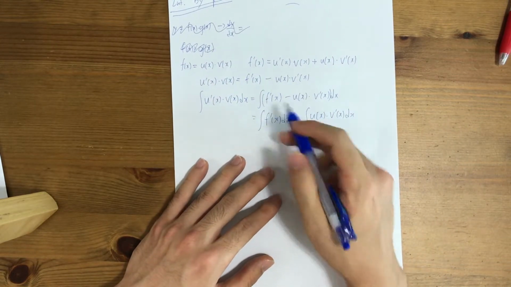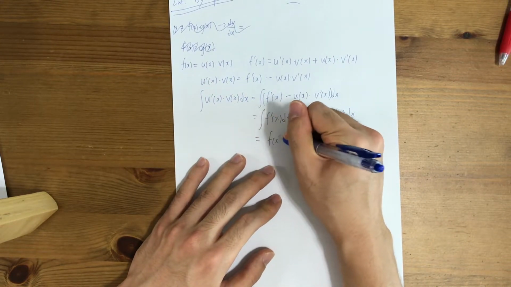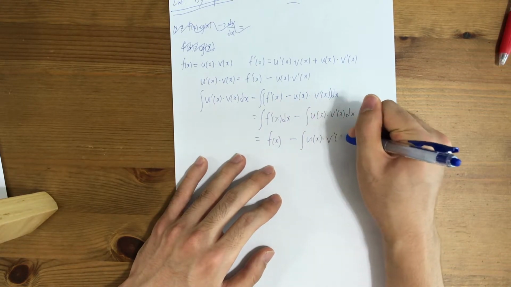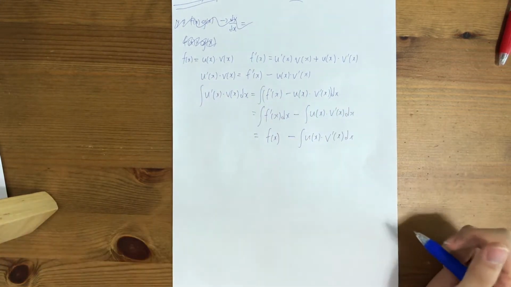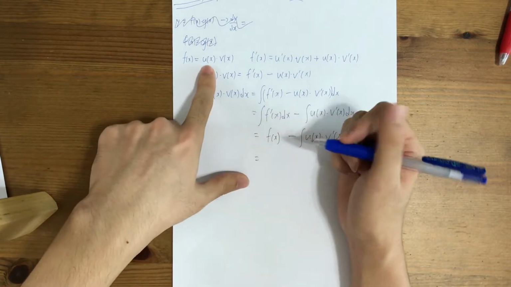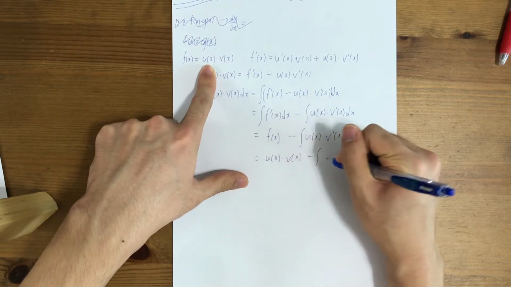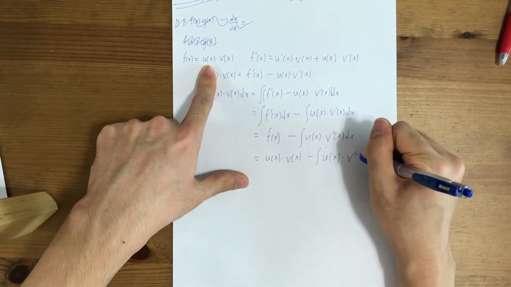And this should be just f(x), right? So this is what it means, and f(x) is originally u(x) times v(x), right? So this is the idea of by parts.